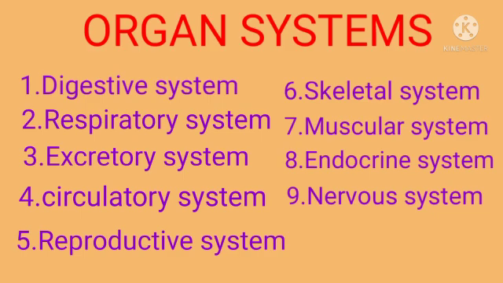As we remember, all these systems are made by some group of organs. These organs are made by some group of tissues. For example, some tissues cover and protect the body. Some help in movement and carry information, like responses to stimuli.